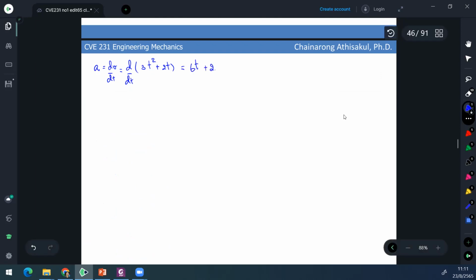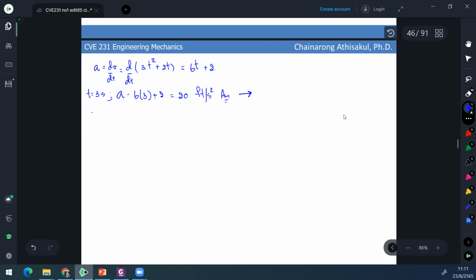Then when time equals 3 seconds, acceleration becomes 6 times 3 plus 2, and it becomes 20 foot per second squared. It's positive, which means it is to the right, as we set up right as positive.